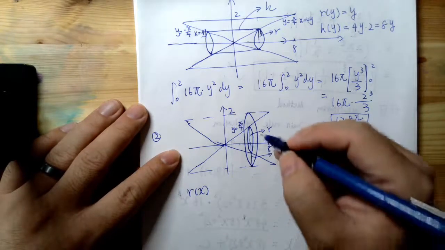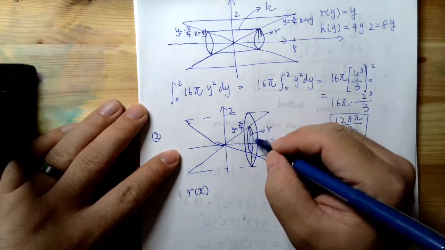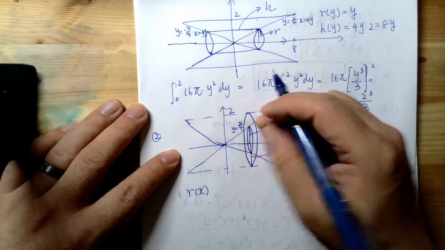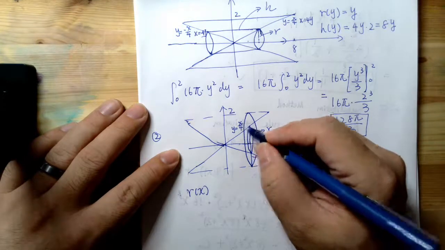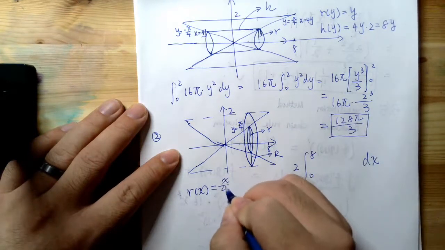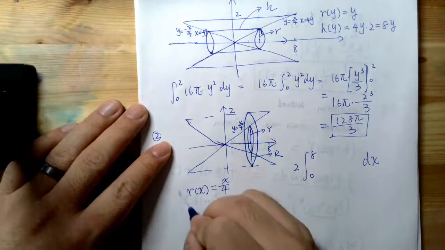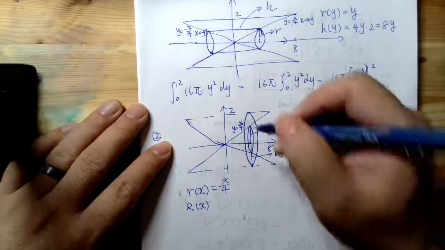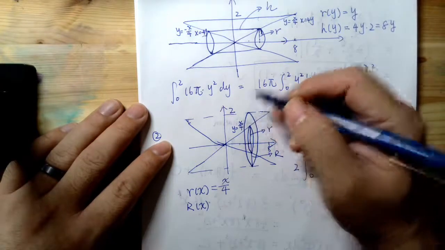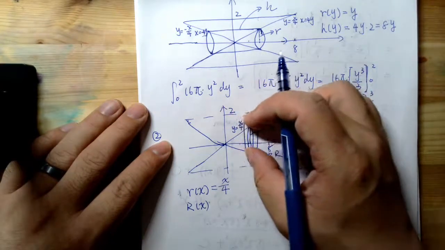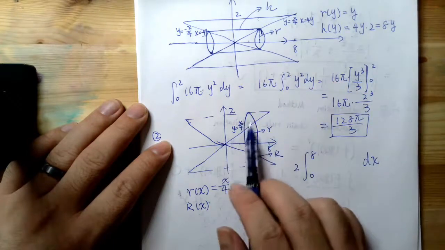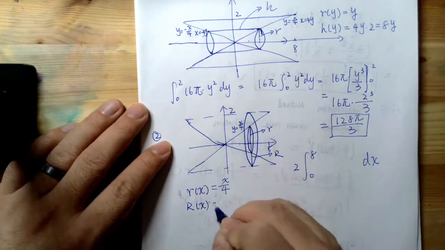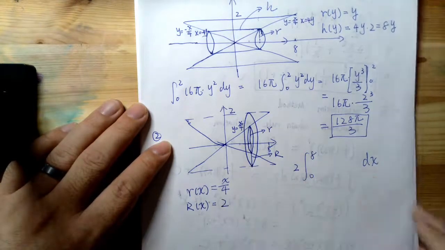So this little radius here is exactly the y coordinate when x is x, meaning it's x over 4. And the capital R of x, the bigger radius, as you can see, no matter how you move your washer, the larger radius is always 2, a constant.